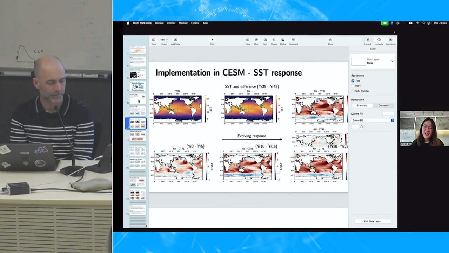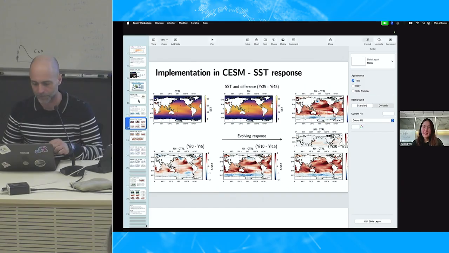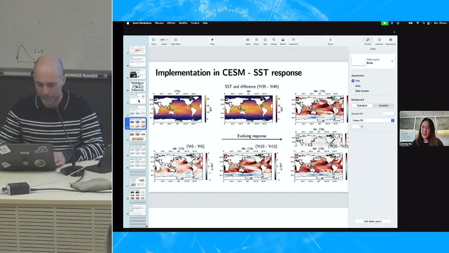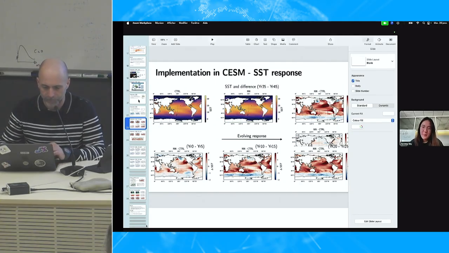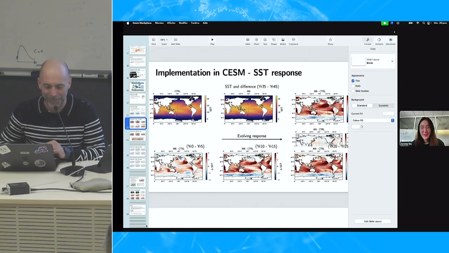But for now, it's really hard for me to think of a good setting where it's clean enough and it's only the fluxes that are changing the upper ocean. So yeah, that's just a lot of thoughts, and thanks for the question.